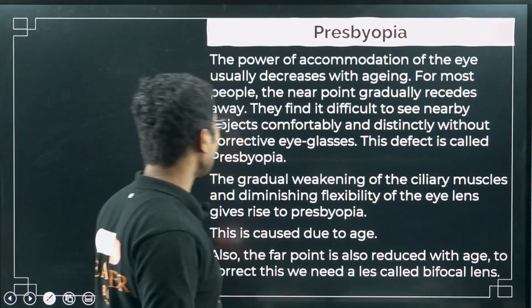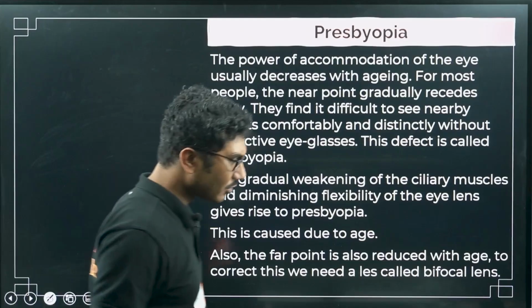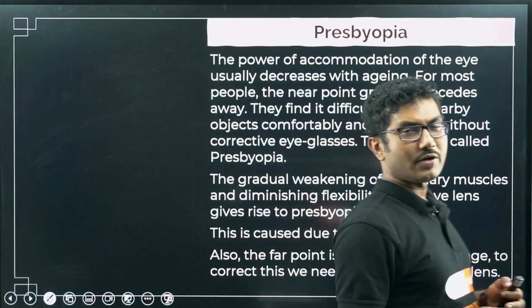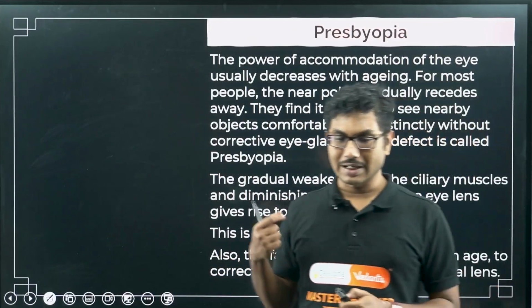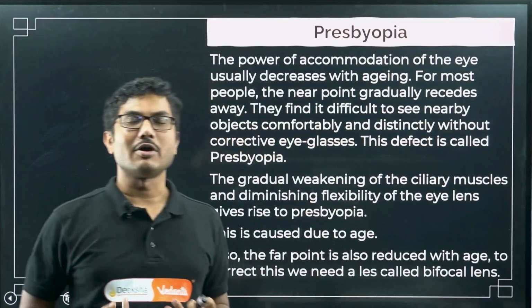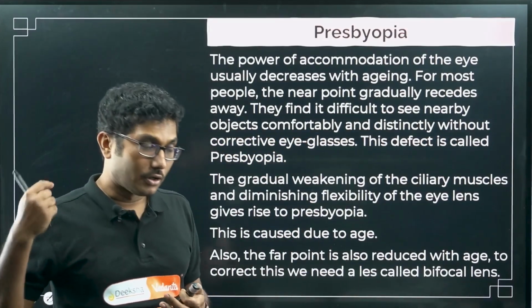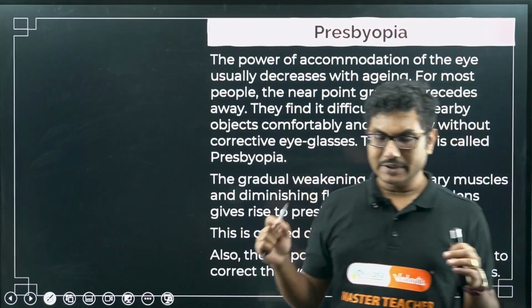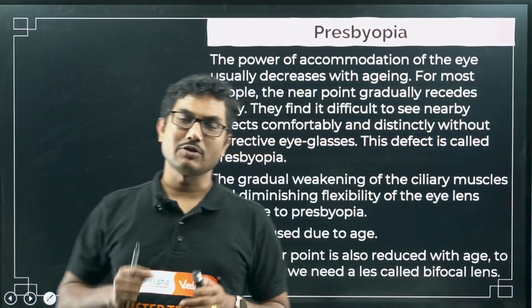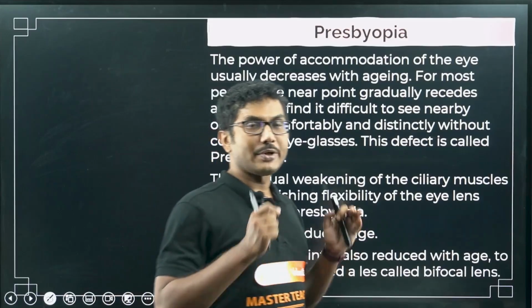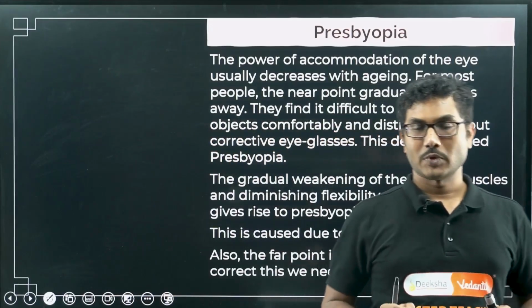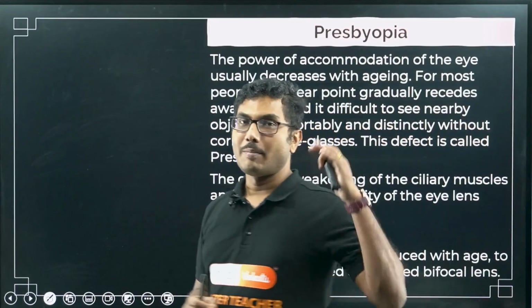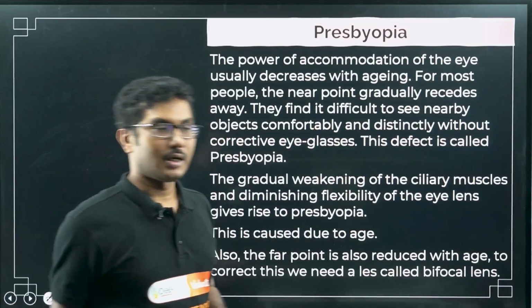This defect is called presbyopia. Presbyopia is not due to any defect of the eye or of the lens. It occurs mainly because of the weakening of the ciliary muscle. So you have to understand, if the ciliary muscles weaken, the defect is called presbyopia. If it happens to a healthy, young person, then myopia or hypermetropia is the name.